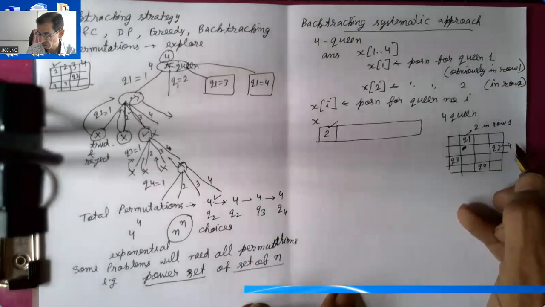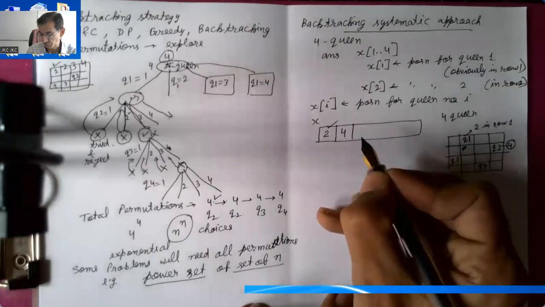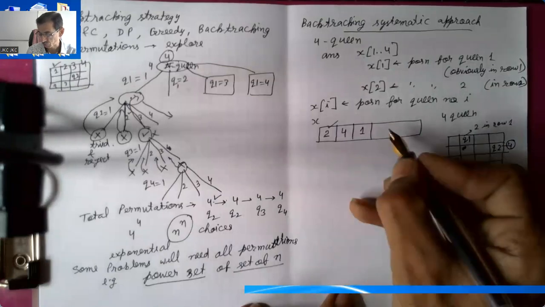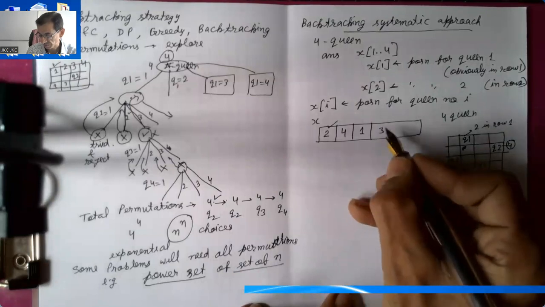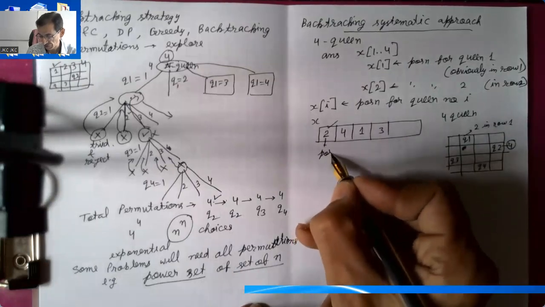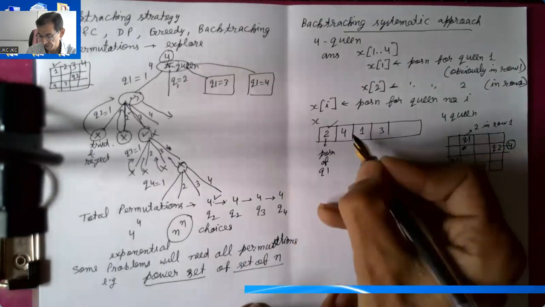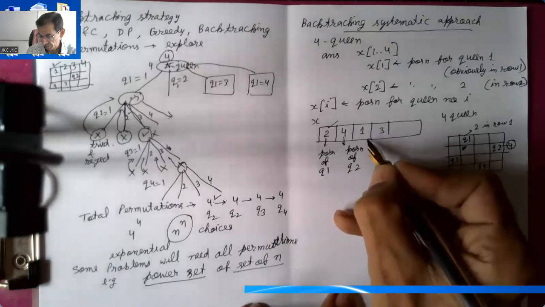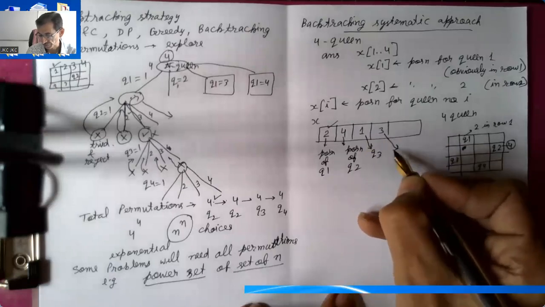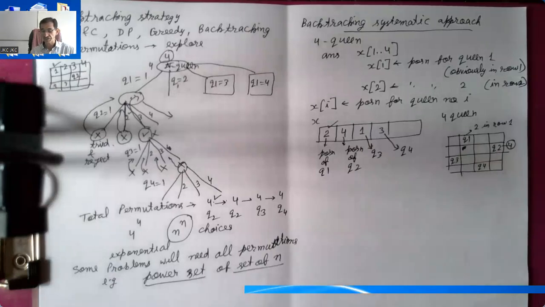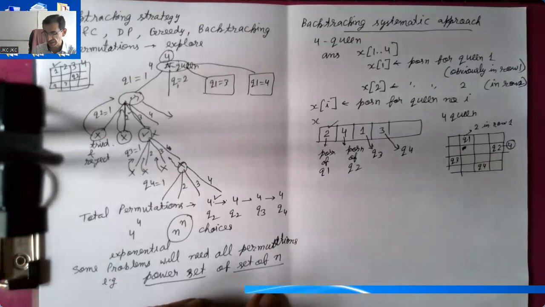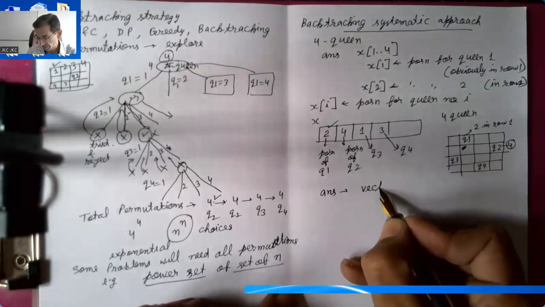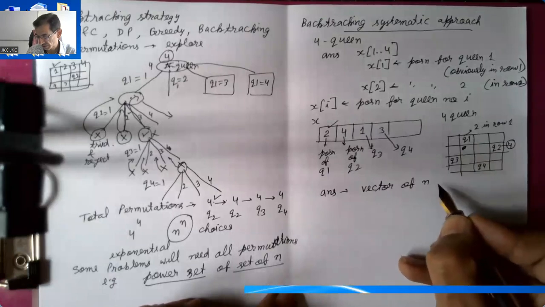This is position 4, so Q2 is at position 4, Q3 at position 1, and Q4 at position 3. This is nothing but the position of queen 1, queen 2, queen 3, queen 4. So this is precisely my solution. My final answer is nothing but a vector of n elements.